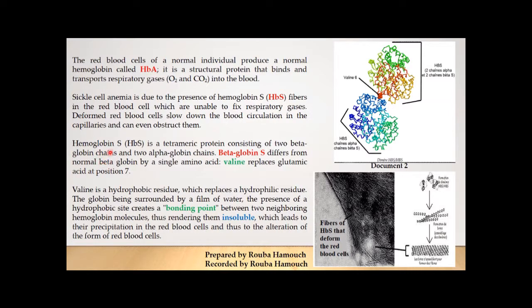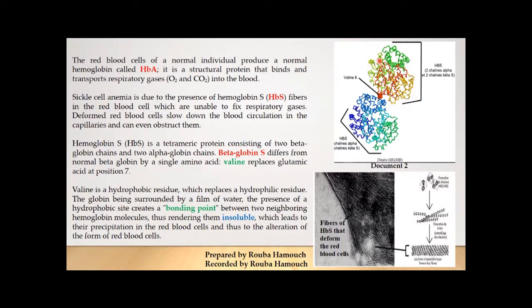Concerning the structure of hemoglobin S, hemoglobin S is a tetrameric protein. Tetrameric means it is constituted of 4 polypeptide chains. That's why it's a tetra, meaning 4, meric protein, consisting of 2 beta globin chains and 2 alpha globin chains.